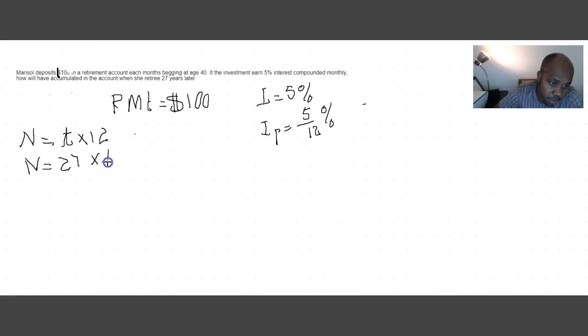Let me see how many months I have in 27 years. 27 times 12 gives me 324 months. Basically what they're asking is how much will have accumulated. They're asking for the future value.